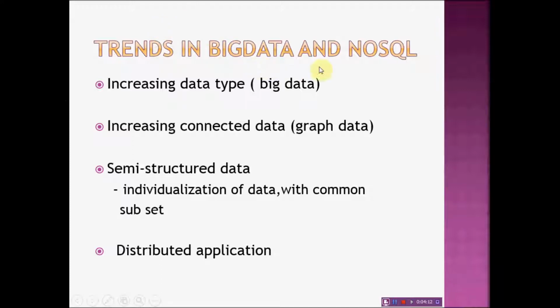Trends in big data and NoSQL. Increasing data size: day by day we are uploading data into servers, so it naturally develops into big data. Increasing connected data: today we represent all nodes and networks using graphs, so day by day networks are increasing, and connected data also increases.